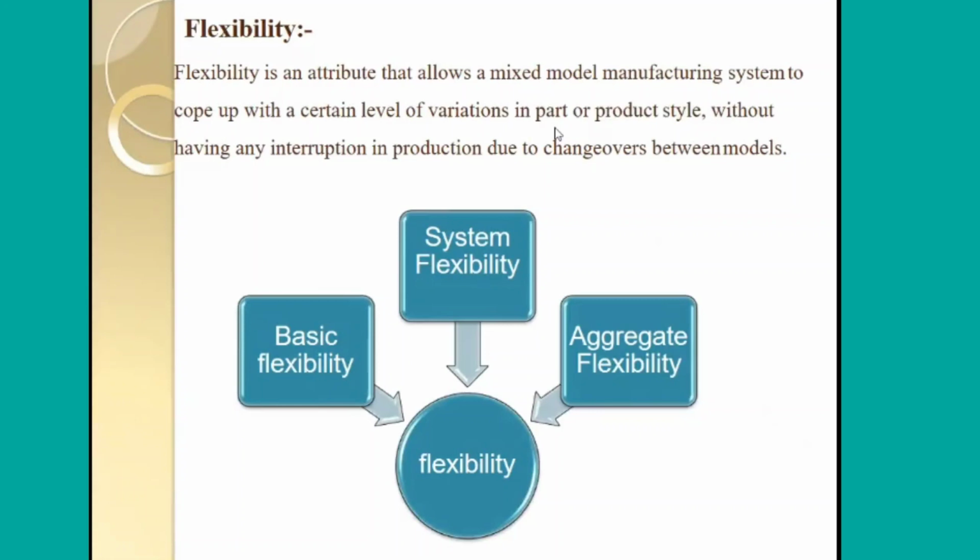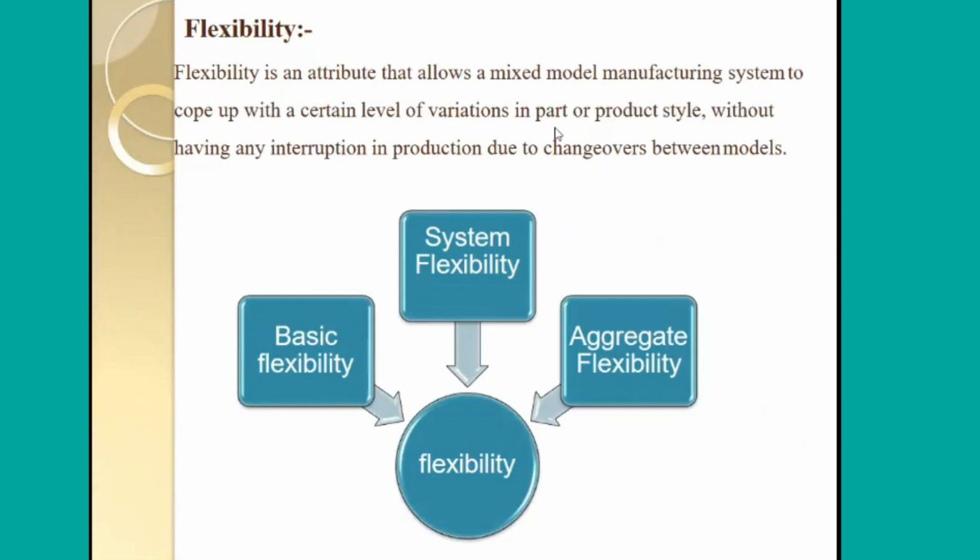So what are all the flexibilities? In general, the flexibilities are of different types: machine flexibility, production flexibility, process flexibility, product flexibility, routing flexibility, and volume as well as expansion flexibility.